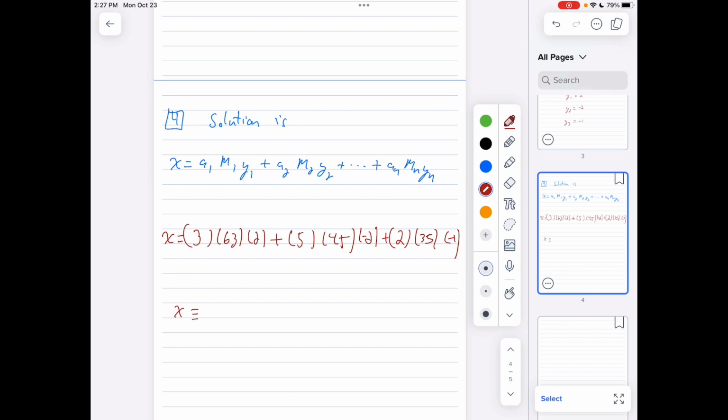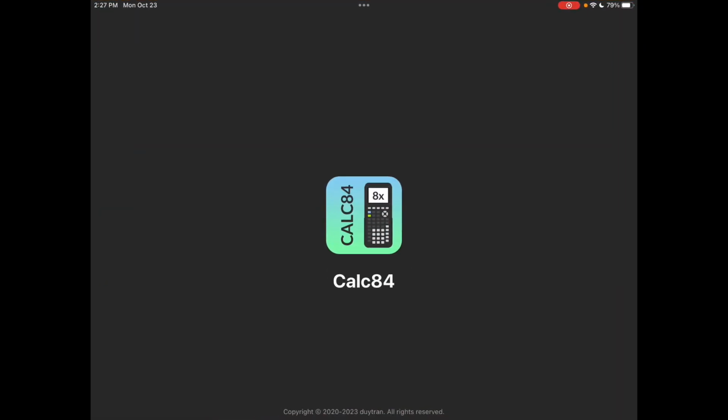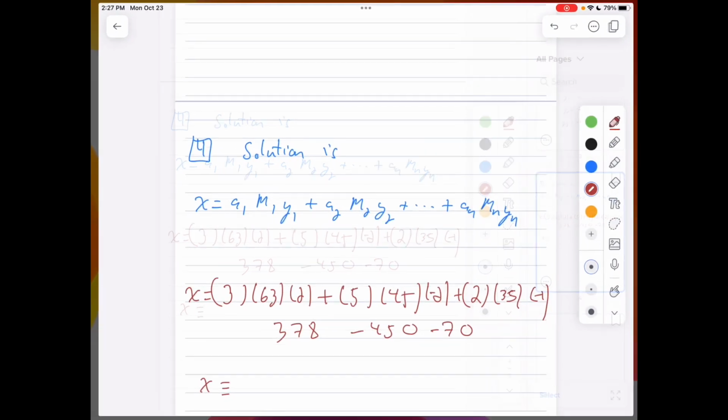It would be negative 450 here, negative 70, and then 63 times 6 is 378. So 378 minus 450 minus 70 equals minus 142.